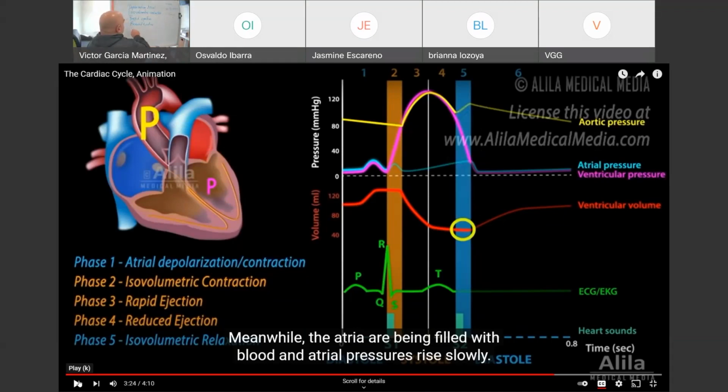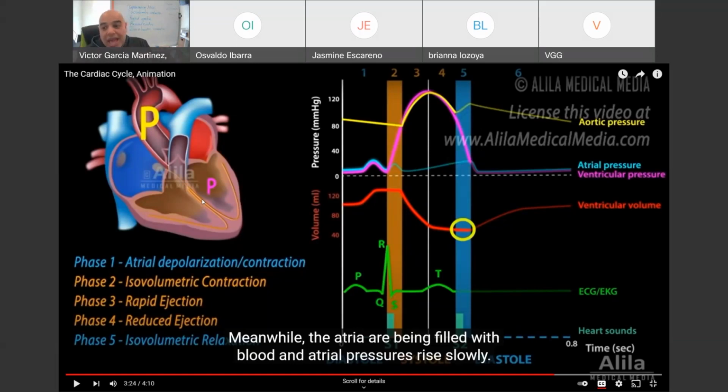Actually, this phase is called isovolumetric relaxation. And again, we don't have a lot of blood inside the ventricles because the pressure is really low.